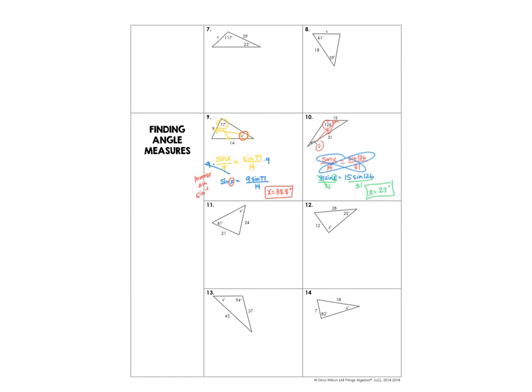Alright, let's do one more of these together. They're all set up the same way. So let's do the sine of x. Its corresponding side is 21, equals sine of 61. And its corresponding side is 24. So 21 is on bottom here, so we need to multiply by 21 on both sides.